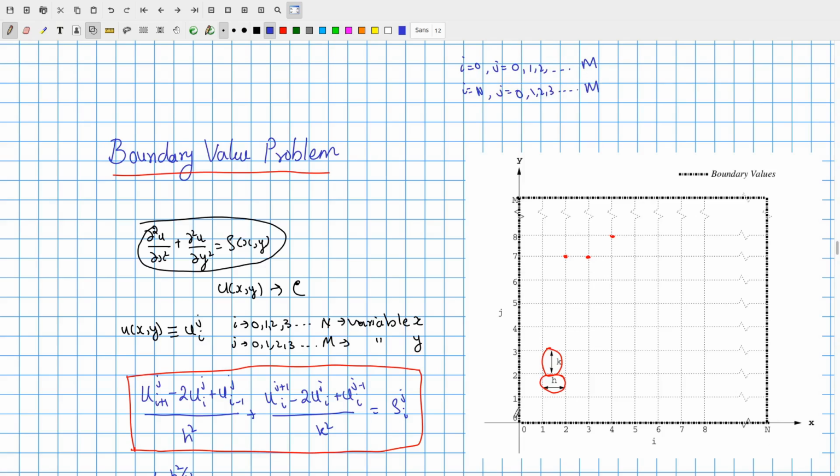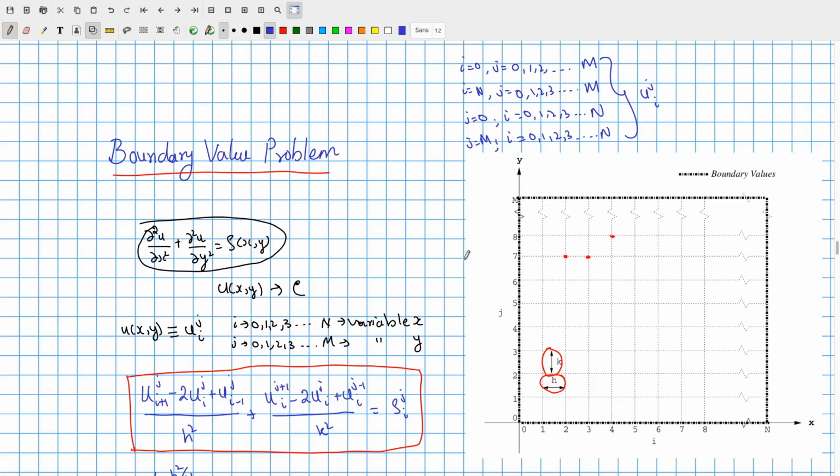And then this is the boundary condition for j equal to 0, i goes from 0, 1, 2, 3 up to n, and j equal to m, i goes from 0, 1, 2, 3 up to n. So where I have those corresponding u of i, j, they were the boundary conditions.